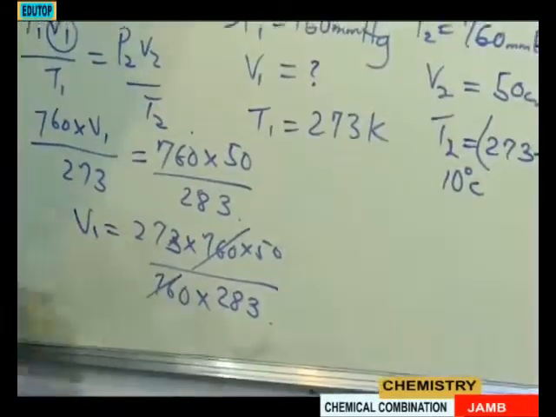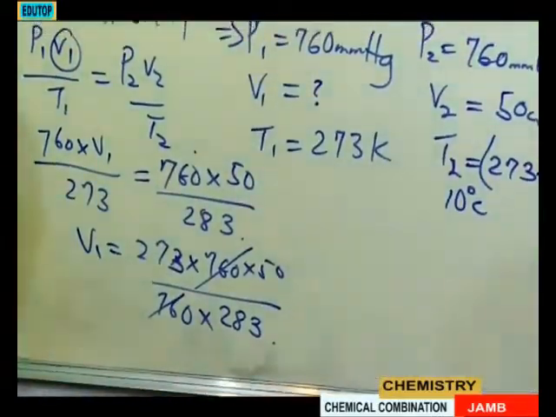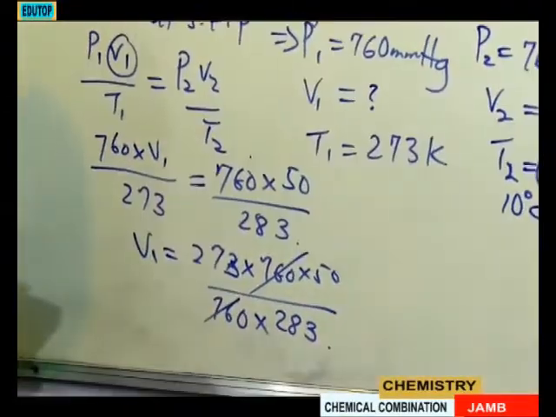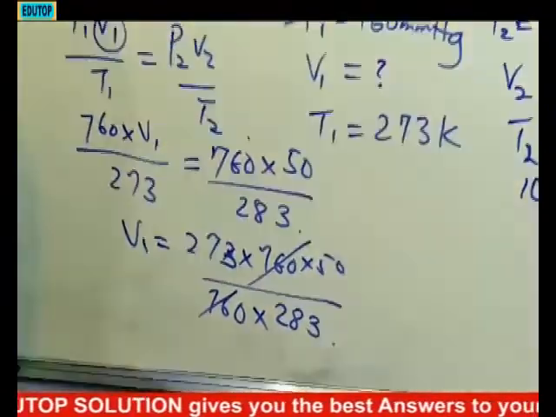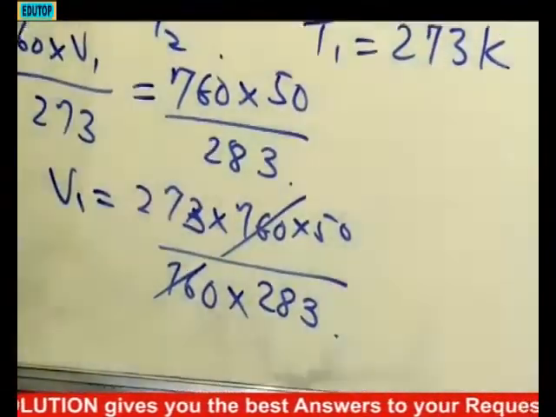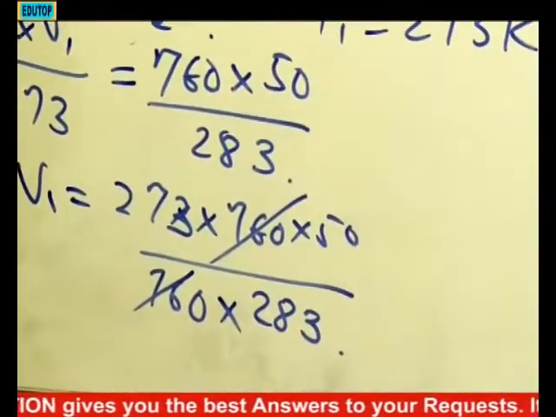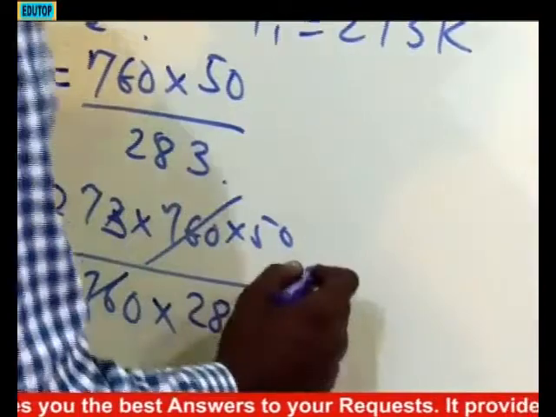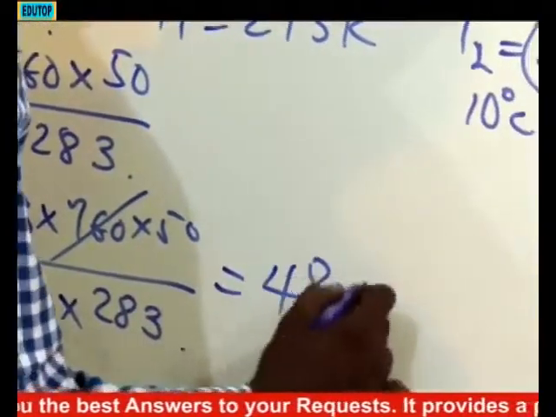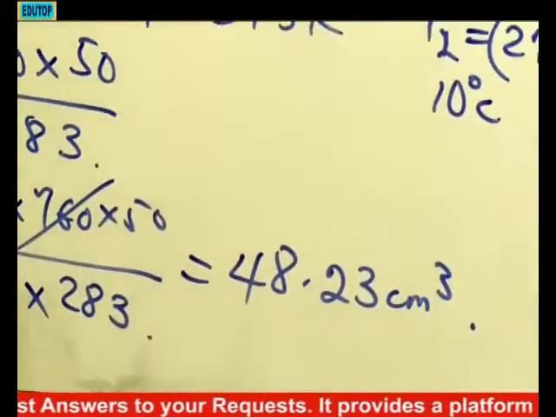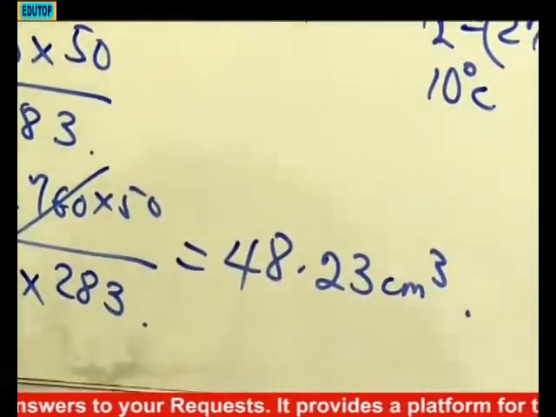This 760 can cancel this. And let's use our mathematical instrument to work out that calculation. So 273 times 50 divided by 283. That's 48.23. So we have 48.23 centimeter cube.